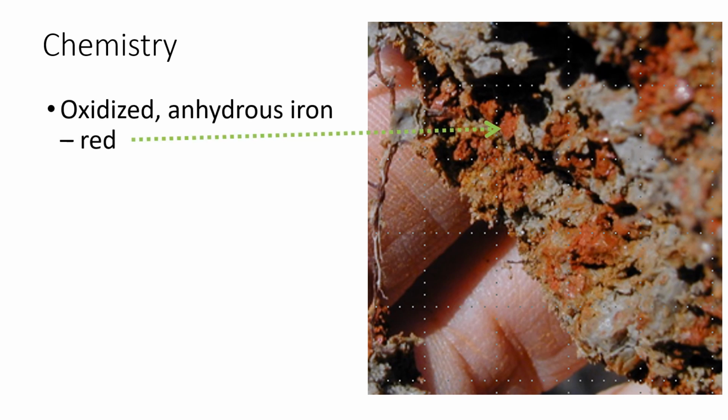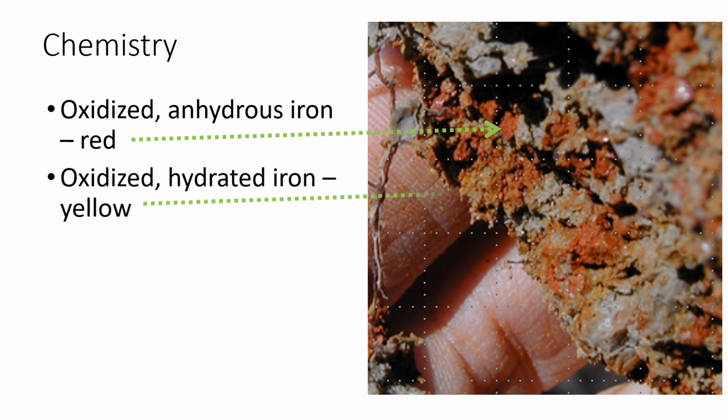These bright red colors are that oxidized anhydrous iron. Anhydrous means it doesn't have a shell of water around the iron molecule. If you put a shell of water around the iron molecule, you get hydrated iron and the colors come out yellow. And then you can get these reduced colors that are grays.